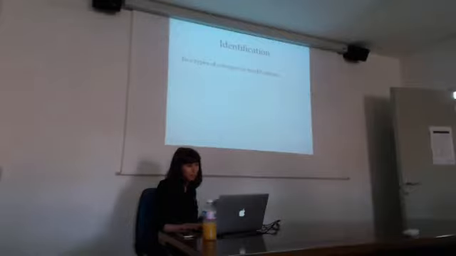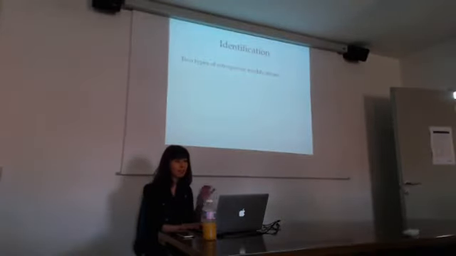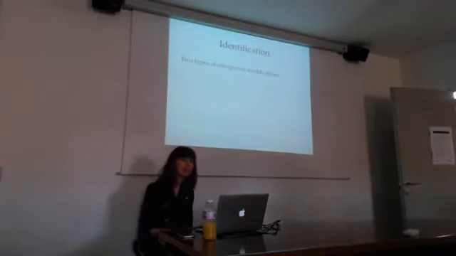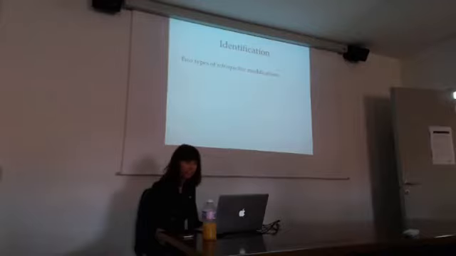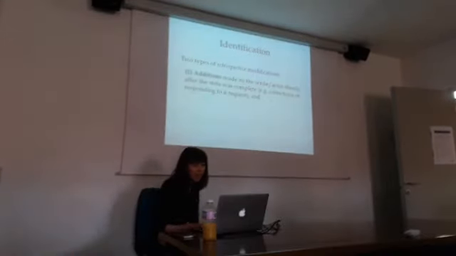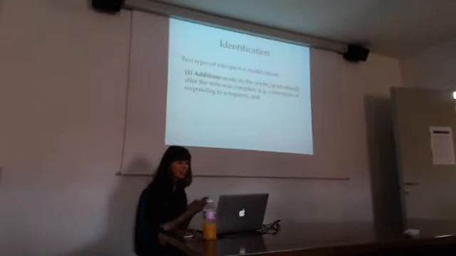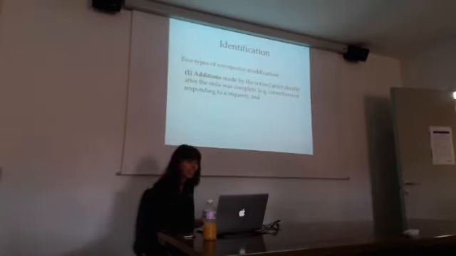So I've identified two main types of retrospective modifications made to First Intermediate period false doors and stelae. I'm not going to talk about modifications made at the time of the production in this talk. And they are additions, so something that's been added to the false door or stela by the scribal artist very shortly after the stela was complete.